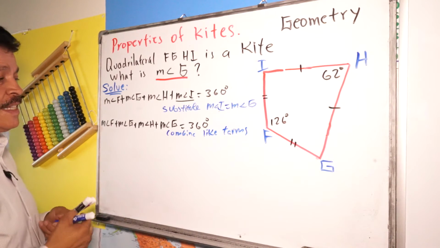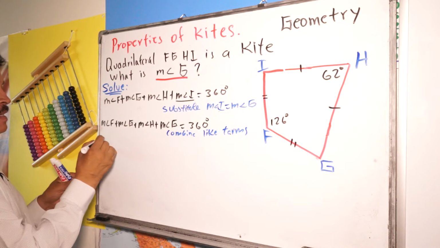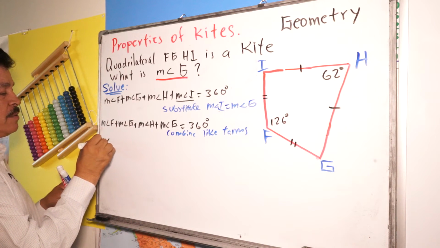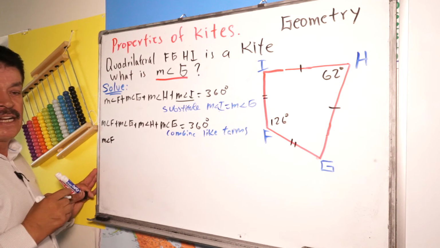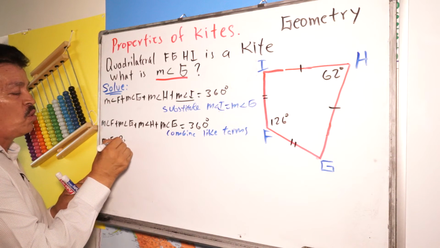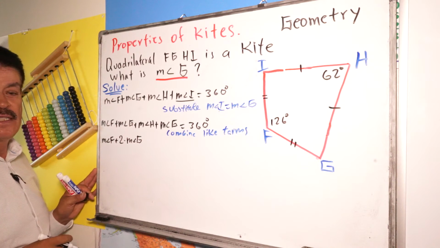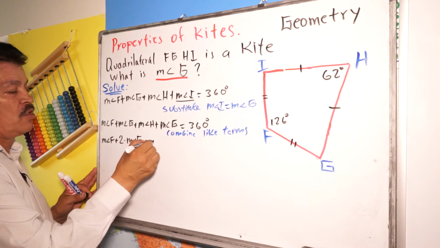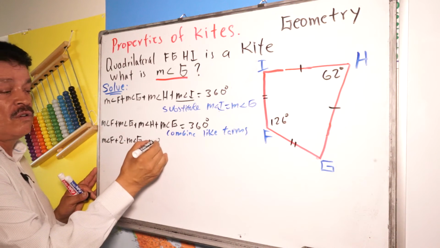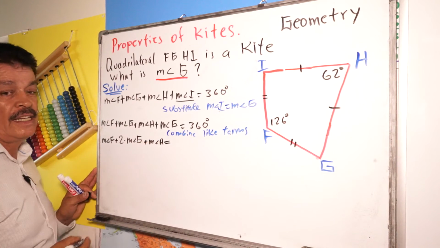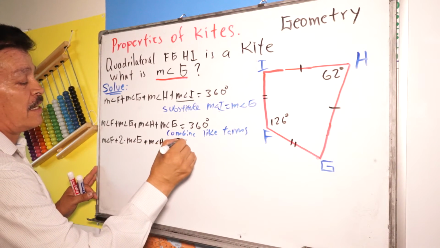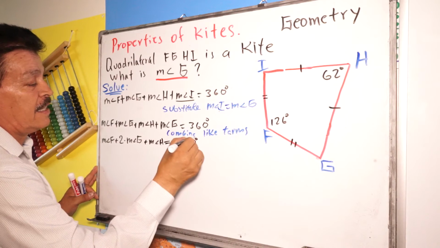Next step, we are going to have the measure of angle F plus 2 times the measure of angle G plus the measure of angle H, all equal to 360 degrees.